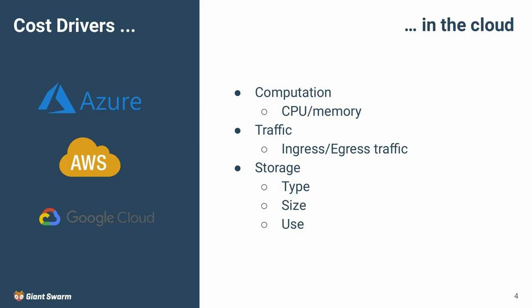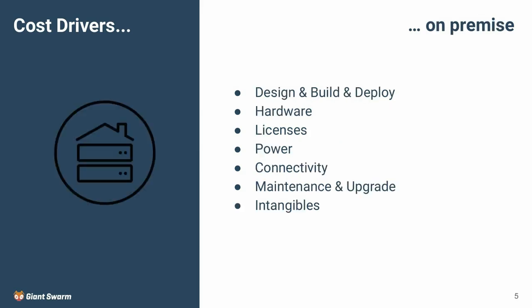So as I said before, on-prem is not touched here because there is a whole setup of different cost drivers that are not really related to Kubernetes, like designing or building your own data center, hardware, licenses, power, connectivity, maintenance and upgrades, a different set of intangibles. So we are going to focus today on the cloud, especially because the model is paying based on what you consume, right?